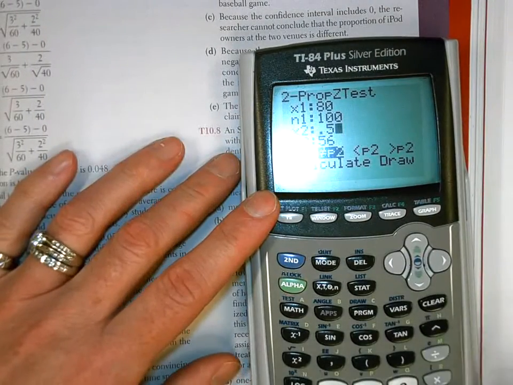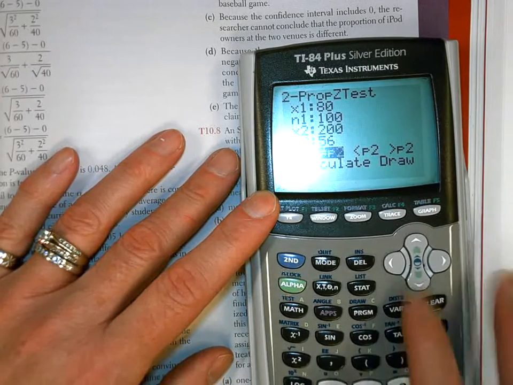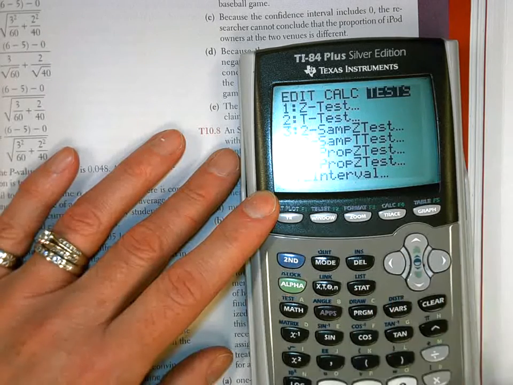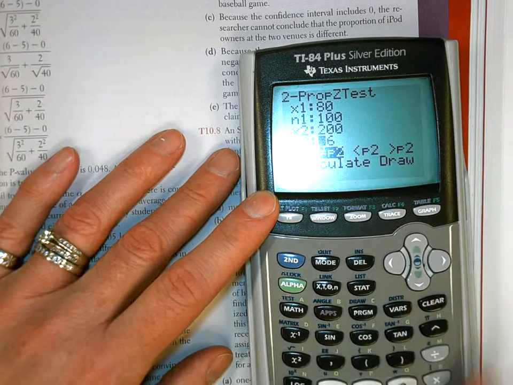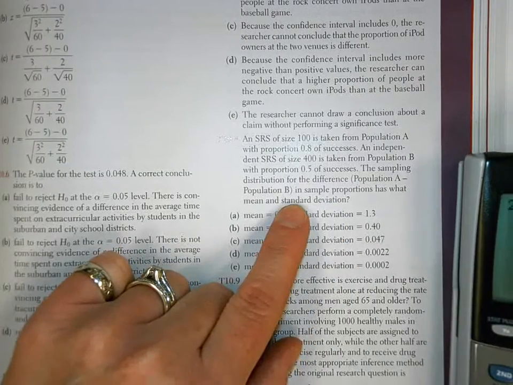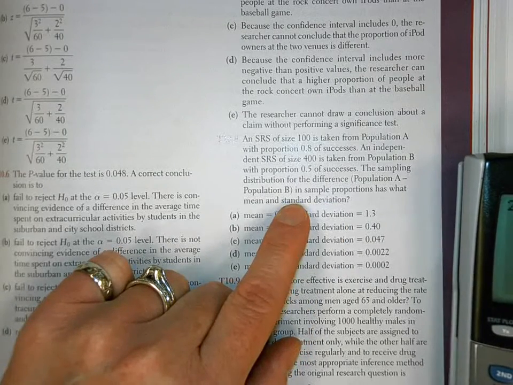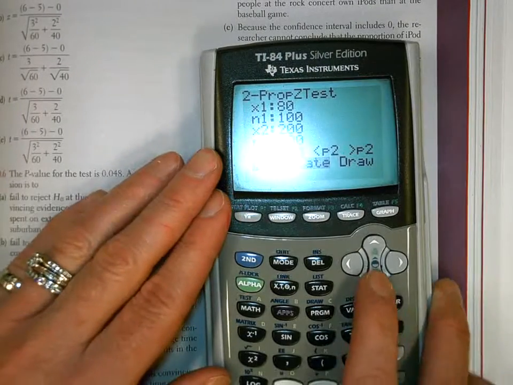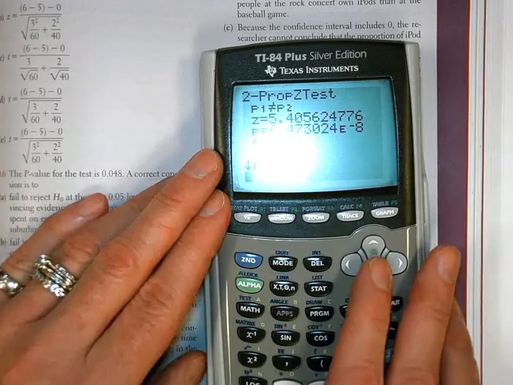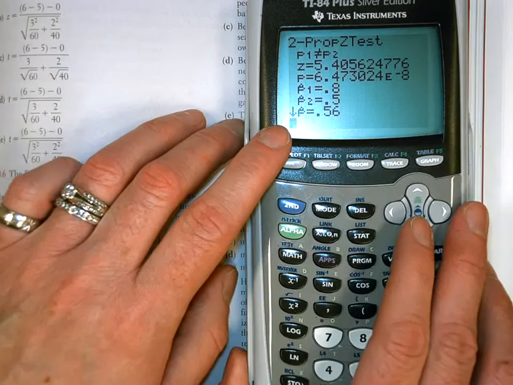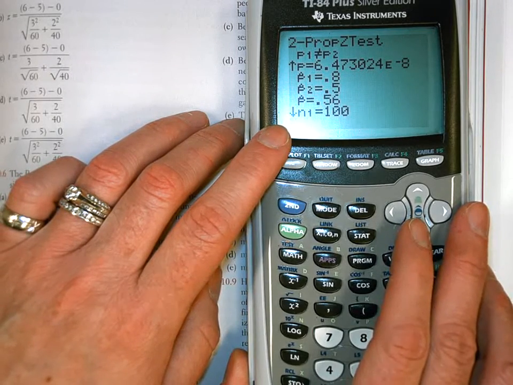So 0.5 times 400, 200, and 400. Well, I guess it really doesn't matter which way we go, because we're just trying to find that p-hat pooled. If I calculate, it gives me, of course, a z-score, p-hat 1, p-hat 2, oops, you can't see. This is p-hat, the pooled one.